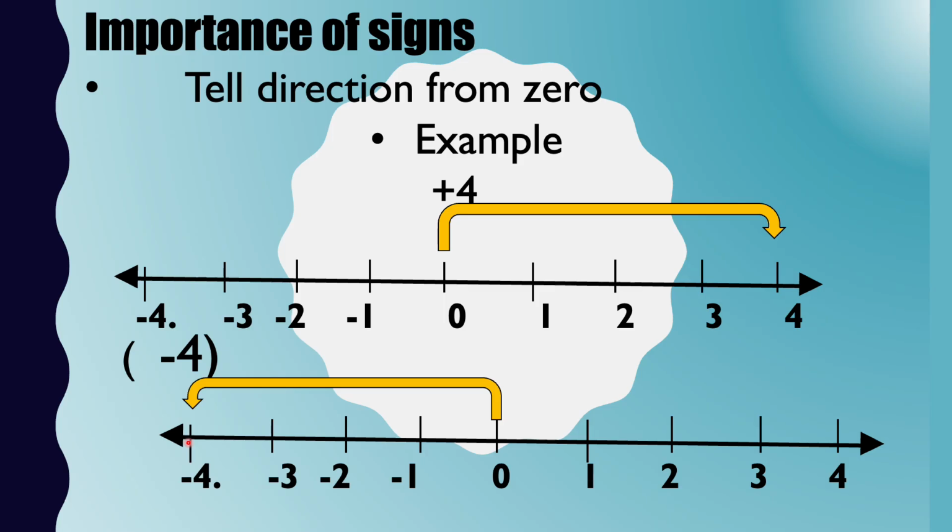Always the right side is the positive numbers and the left side is the negative numbers. And don't forget, you must always write the 0 in the middle of the number line. Then you can number the positive numbers or negative numbers.